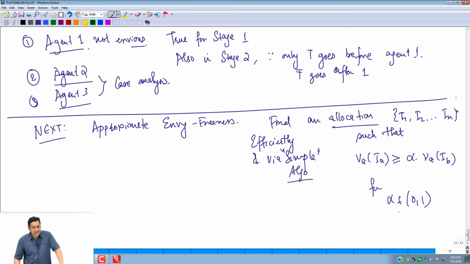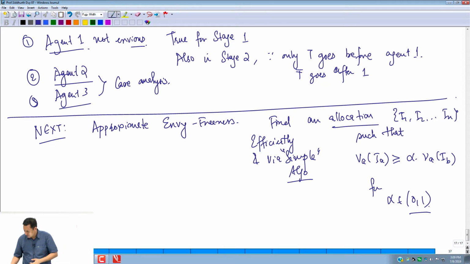When I plug in alpha equal to 1, I get back the standard NV freeness guarantee. This is exactly what Stromquist has ruled out. But now I'm relaxing my objective. I'm saying, fine, I might not be able to completely satisfy you, but I'll satisfy you to an extent, right?